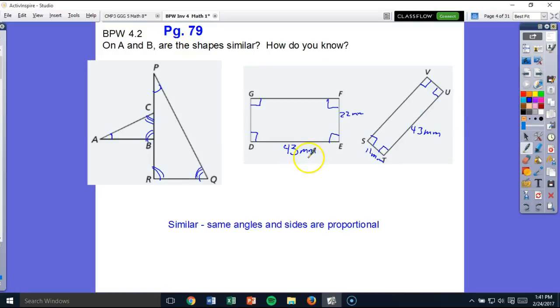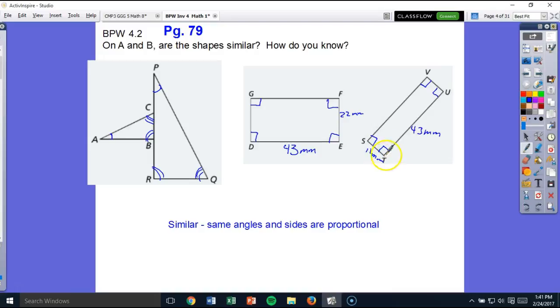Another way to check if things are similar, again, all of the angles need to be the same. They don't all need to be the same on that shape, but all the angles for this larger shape need to match the angles for this smaller shape. And if we grab our rulers here and measure on our page, we're going to see that length DE is 43 millimeters long.